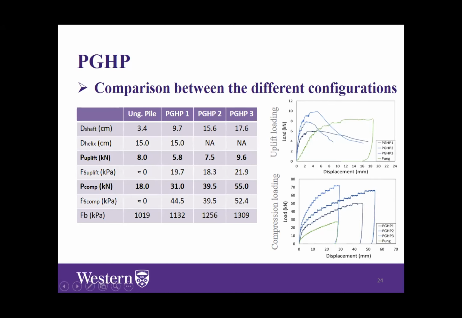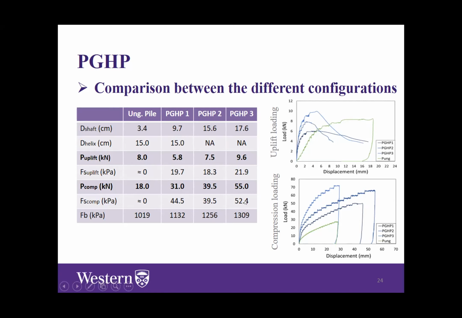The unit shaft resistance, fs, for the classical helical piles is almost zero because the pile has a very small diameter, 3.4 centimeter, and also the pile was very, very smooth. So the strain gauges attached to the pile show nearly zero unit shaft resistance.